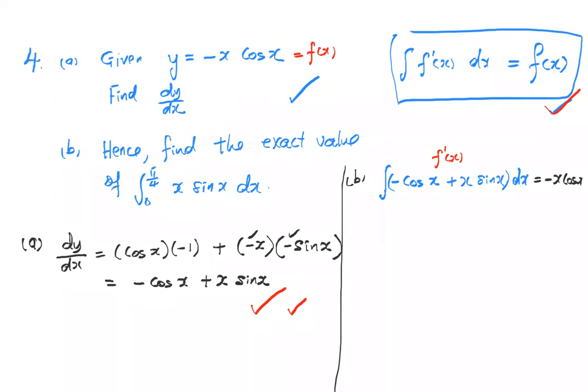Are you okay? So this is my f(x). That is how you go. So after that, now you ask yourself, if you integrate negative cos x, what do you get? You integrate cos, what do you get? Sin, correct?